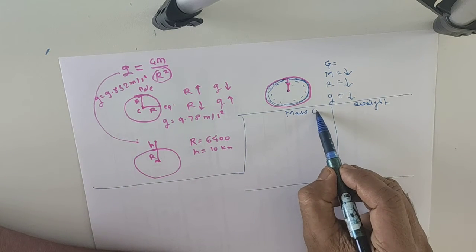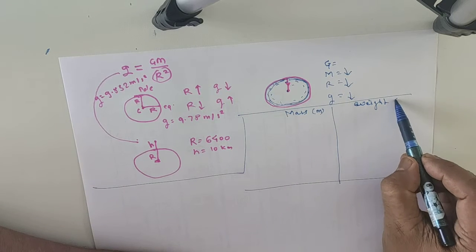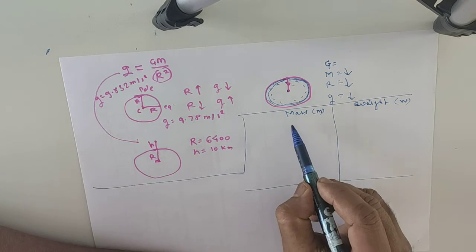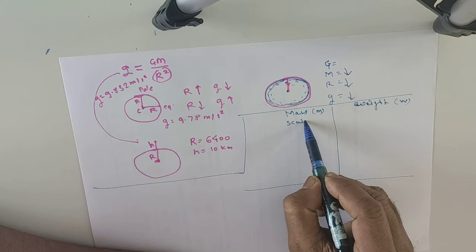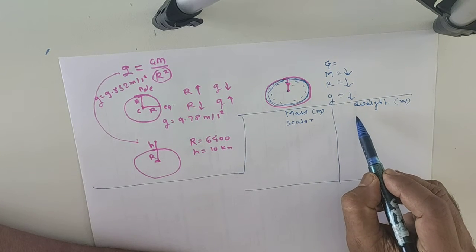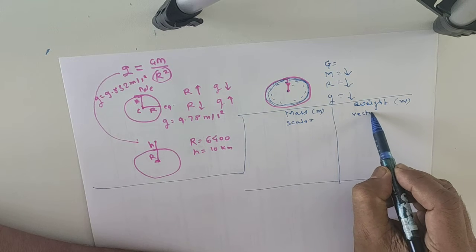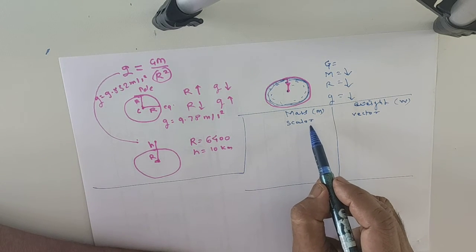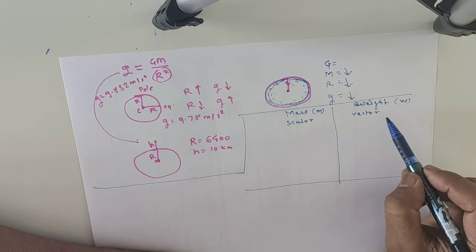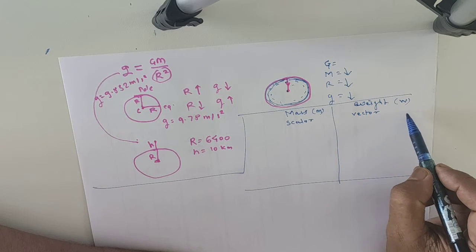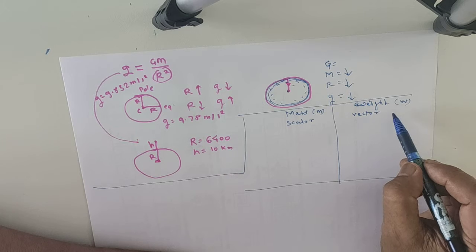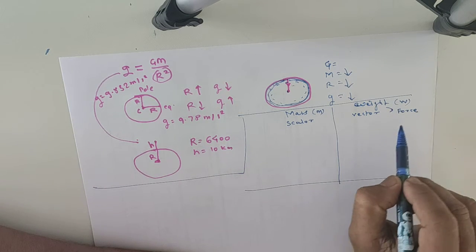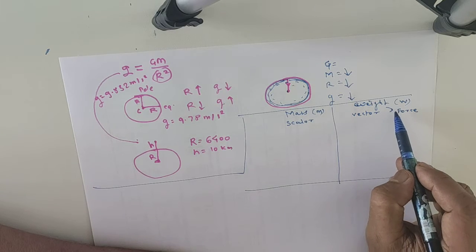The symbol of mass is m and the symbol of weight is w. Mass is a scalar quantity while weight is a vector quantity. Scalar quantity means only magnitude, and vector quantity means magnitude as well as direction. Because weight is also called force, and force is a vector quantity.